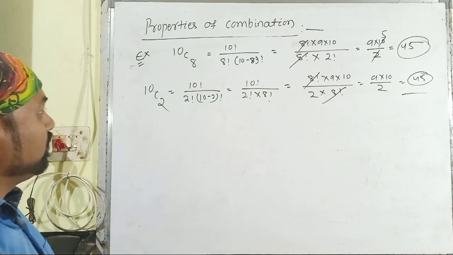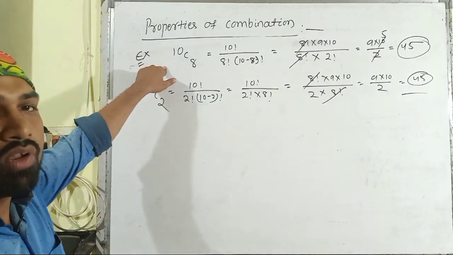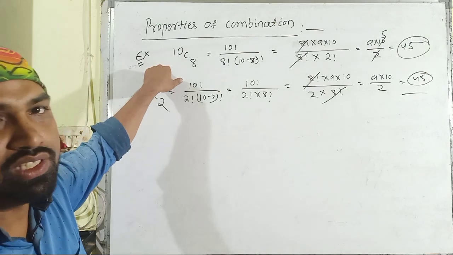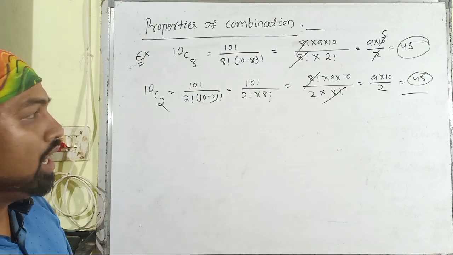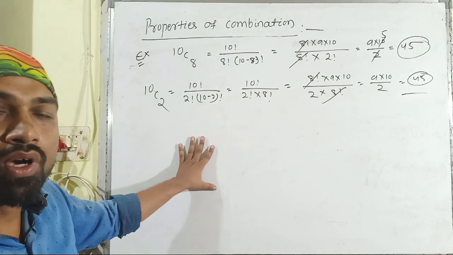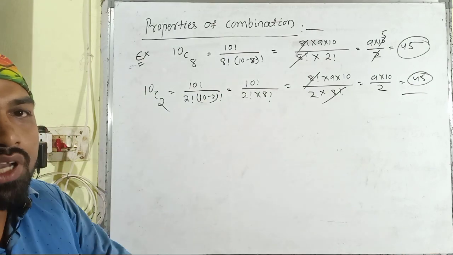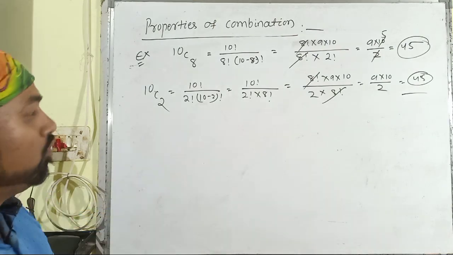And here we have satisfied the property number 1, that is nCr is equal to nC(n minus r). Then moving towards property number 2, I have already told that in property number 2 we have to use the fundamental and the application of property number 1.